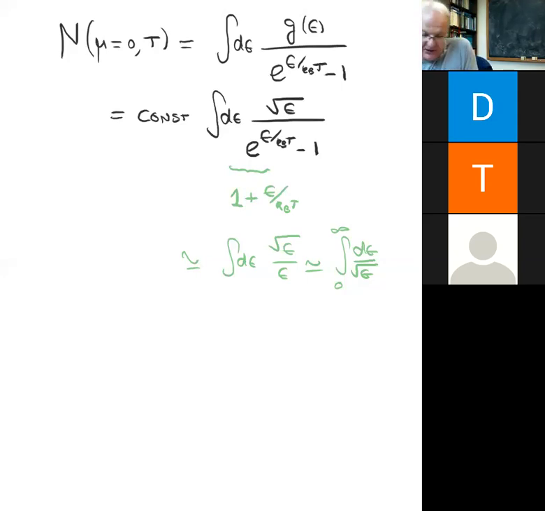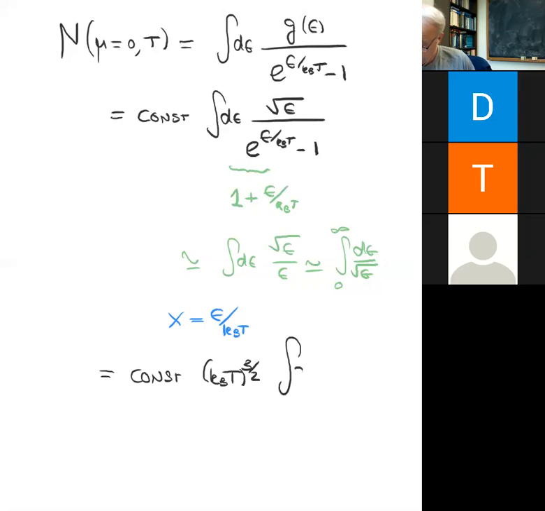So this can actually be computed, and I do that in my notes. The way you compute the integral is you change variables. We would introduce a new variable, x, that's just epsilon over k Boltzmann T. Then we have this constant in front, and d epsilon root epsilon gives a factor of k Boltzmann T to the 3/2.